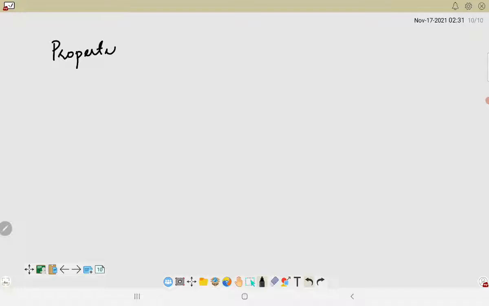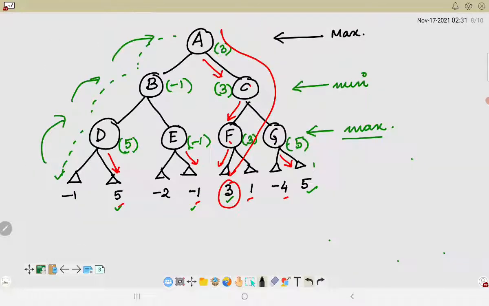it is complete. In this particular search tree, we can also use BFS or DFS. When we are using breadth first search, each of these nodes will be considered in a layer wise manner.